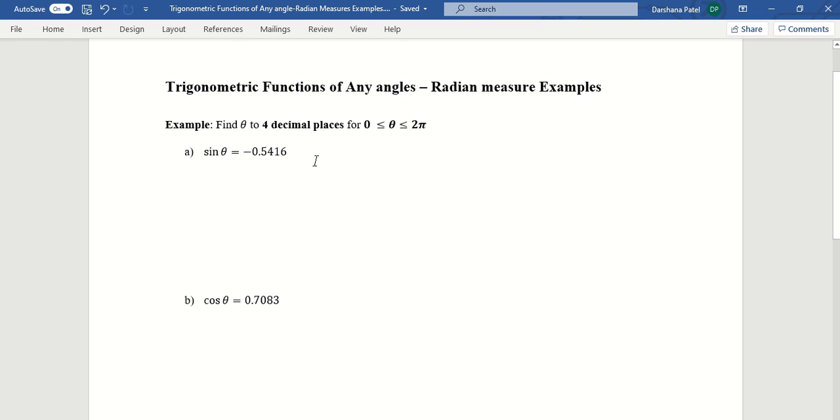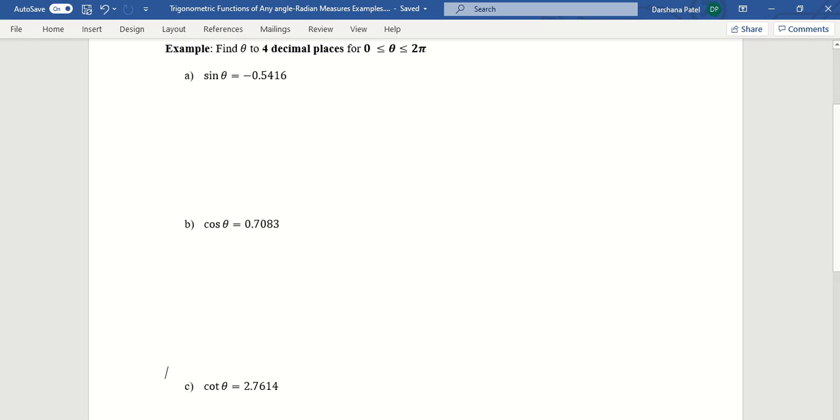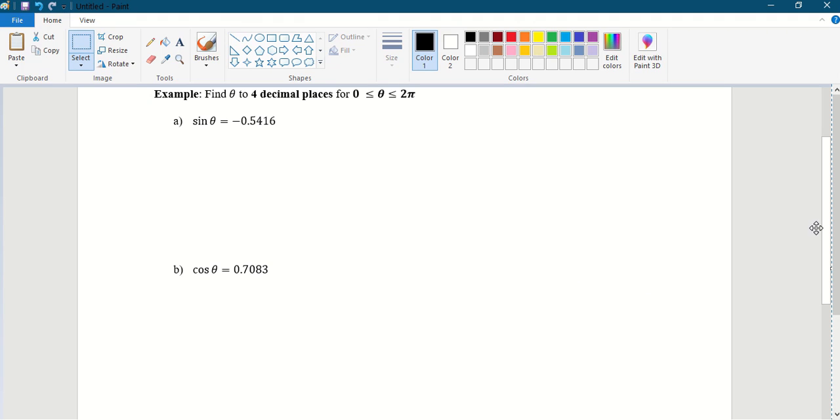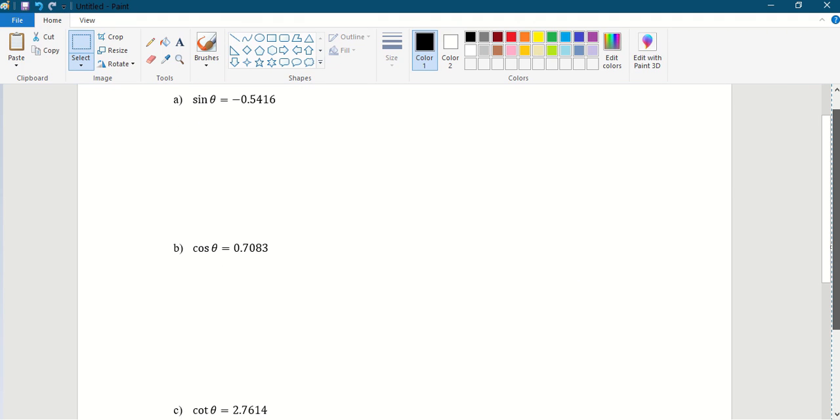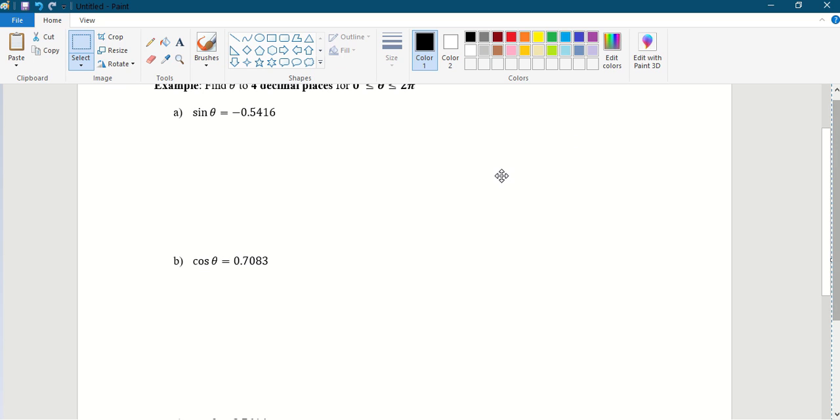It says find the theta to 4 decimal places such that the angle is between 0 to 2 pi. So again in one complete circle. So let's look at first example. It says sine theta equals negative 0.5416. So again we will sketch this first. So negative.